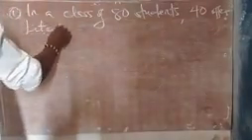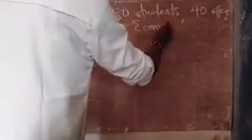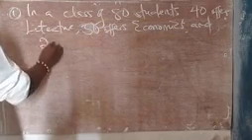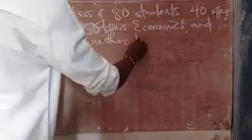In a class of 80 students, 40 offer literature, 50 offer economics, and 20 offer neither literature nor economics.